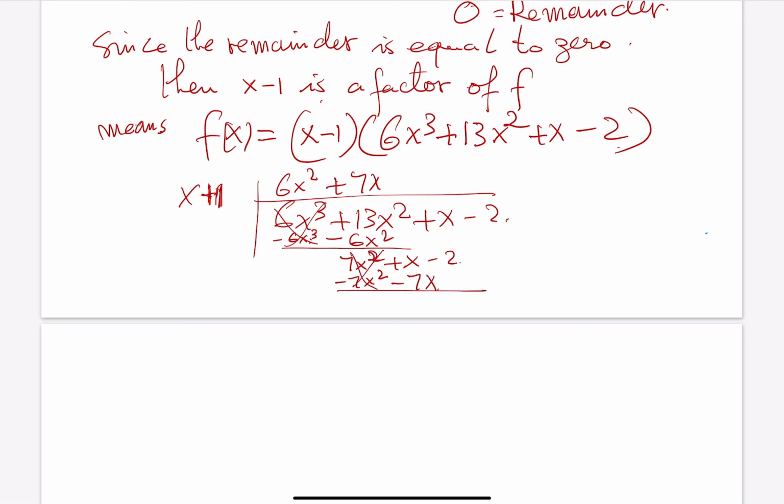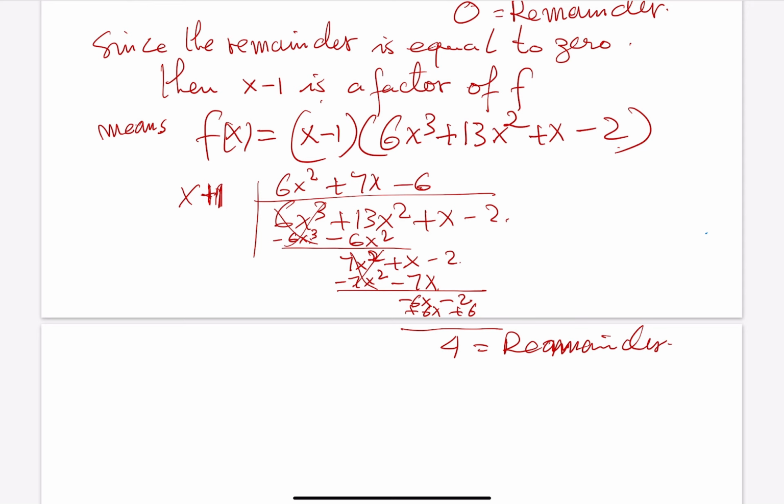This will cancel out, and I will have here negative 6x minus 2, and then negative 6 minus 6x is plus 6x, and here I will have plus 6, and then if you add them up, you will have the remainder, which is 4. This is the remainder.